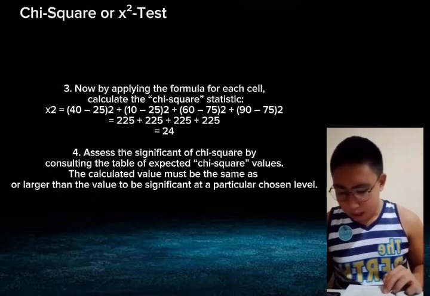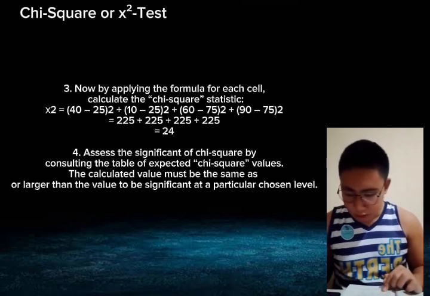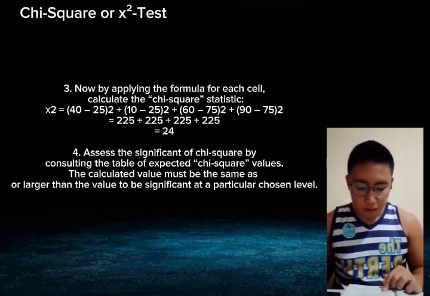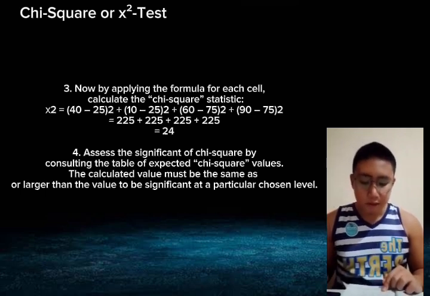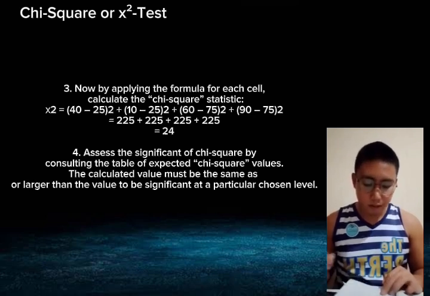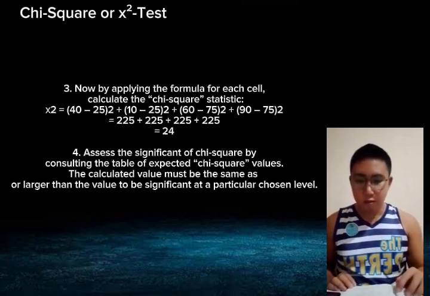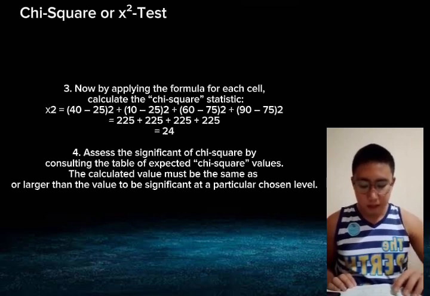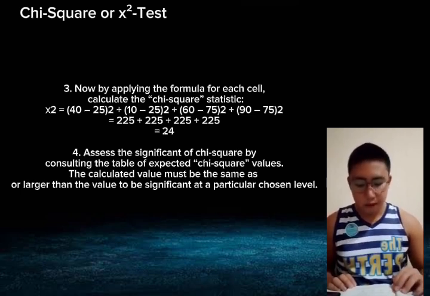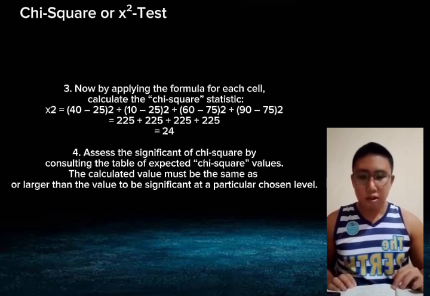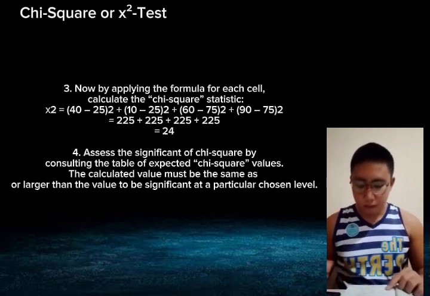In the chi-squared (x squared) test, now we can apply the formula, which is (40 minus 25) squared divided by 25, plus (10 minus 25) squared divided by 25, plus (60 minus 75) squared divided by 75, plus (90 minus 75) squared divided by 75, which will equate to 225 divided by 25, plus 225 divided by 25, plus 225 divided by 75. All in all, the equation will result to 24.